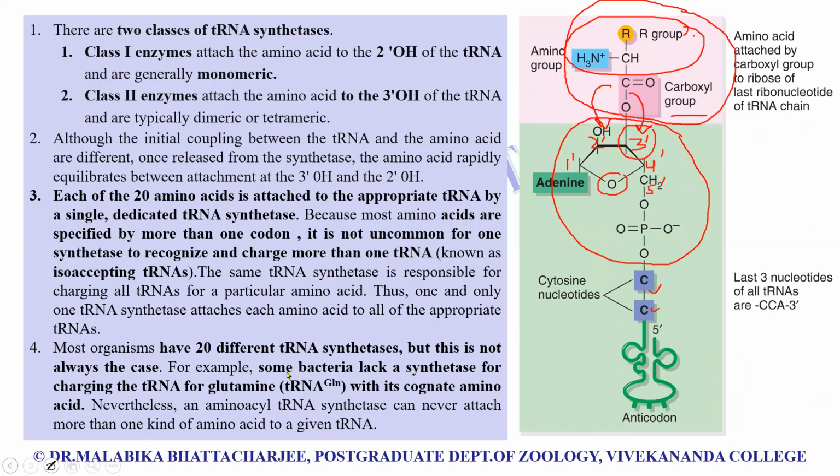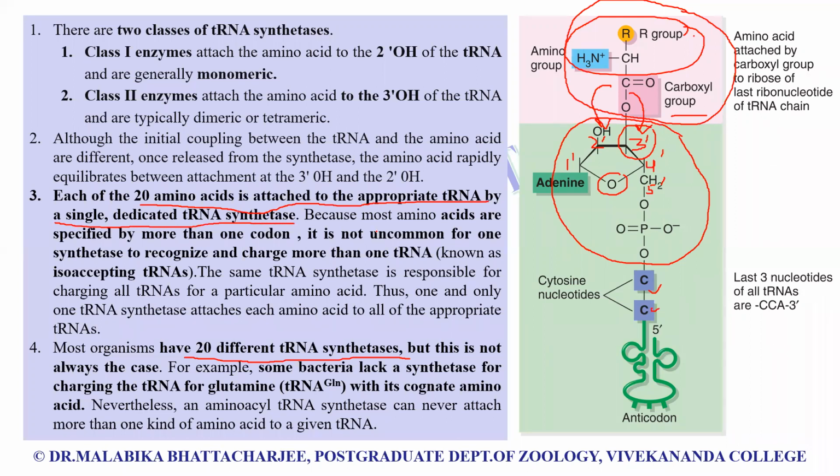As I said, most organisms have 20 different tRNA synthetases. And one more concept, which is very important, keep this in mind: each of the 20 amino acids is attached to the appropriate tRNA by a single dedicated tRNA synthetase.